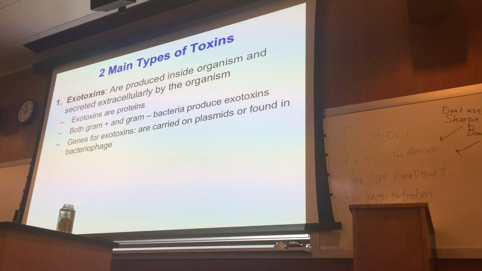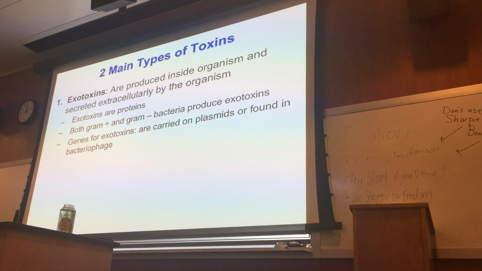Now, unfortunately, in the beginning of the semester, we said those plasmids can get shared through things like conjugation. So if a bacteria were to pick up a plasmid that it never had before, it could acquire the ability to make a toxin when before it was totally fine, it wasn't making a toxin. So that can happen.